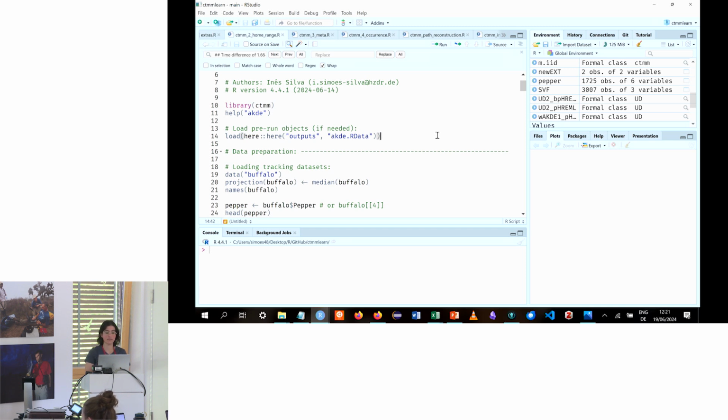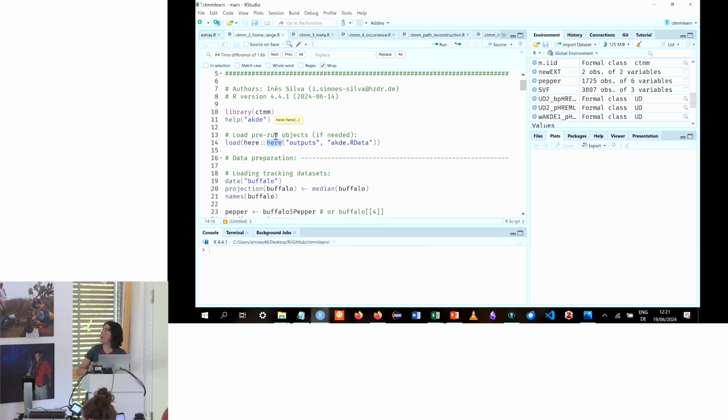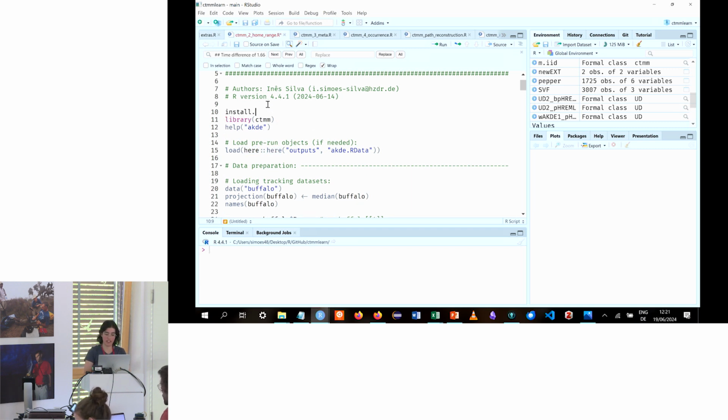Okay. So how do we load the AKDE.R data? Here I should have added it to the list. It's a package called here. If you don't have it, you'll have to install it, so you can run that to install it.